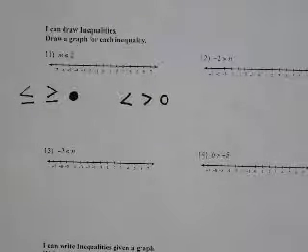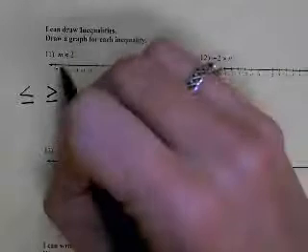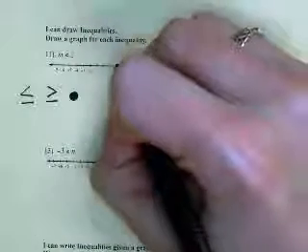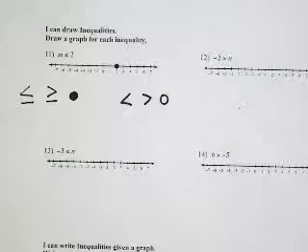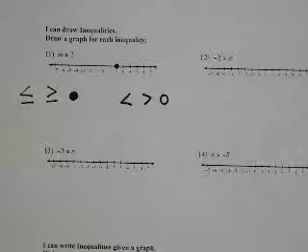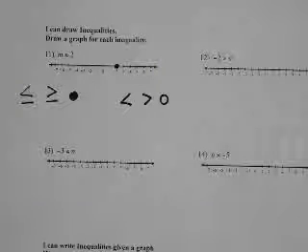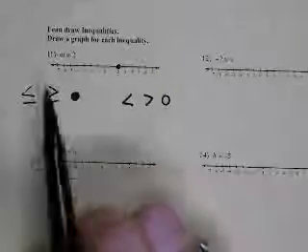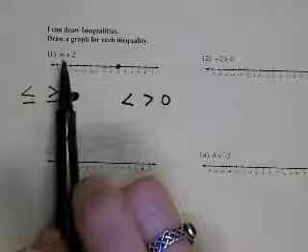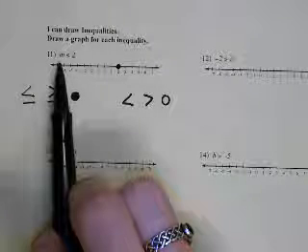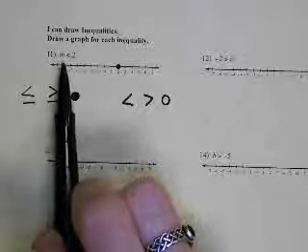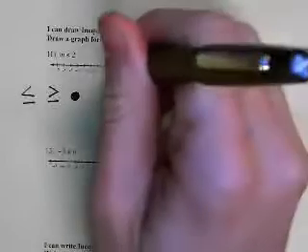Okay, let's look at number 11. M is less than or equal to 2. So we're going to put a circle on the 2, and we're going to fill in our circle because we have a less than or equal to sign. Now we have to indicate whether the graph is going to the right or to the left. Notice that the small side is by the M. If you see that the small side is by the M, we're going to draw our arrow towards the small numbers.